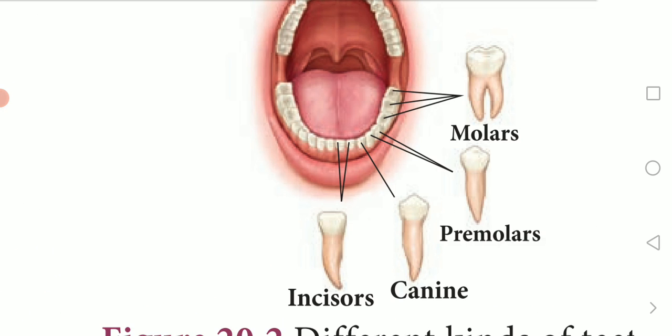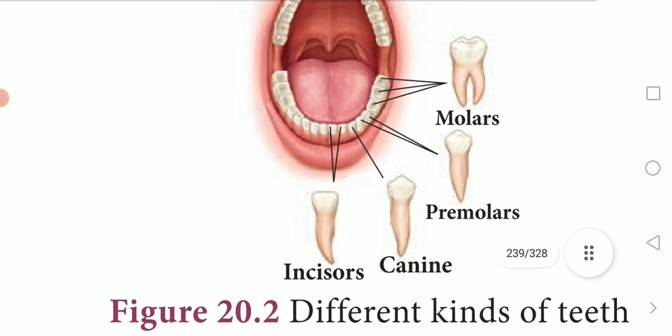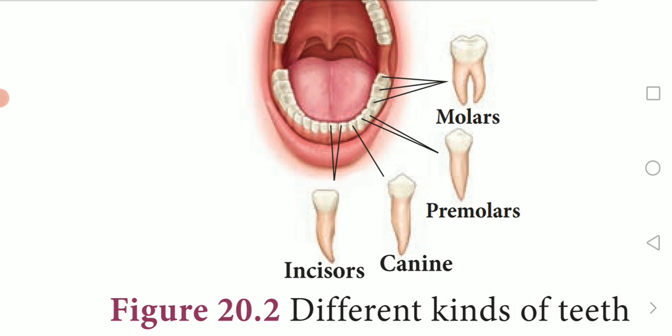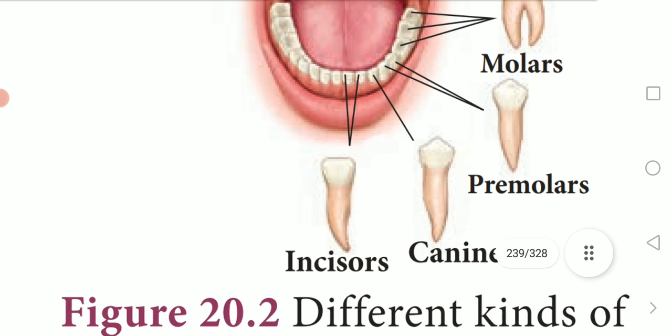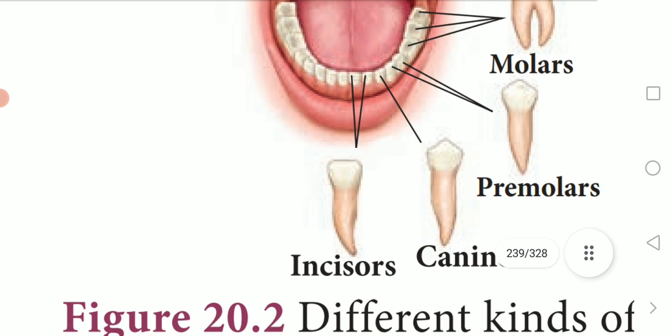First one, incisors, the sharp ones. How many incisors are there? The number of incisors, in both the lower jaw and upper jaw, is 8. What are the functions? They are used for cutting and biting.